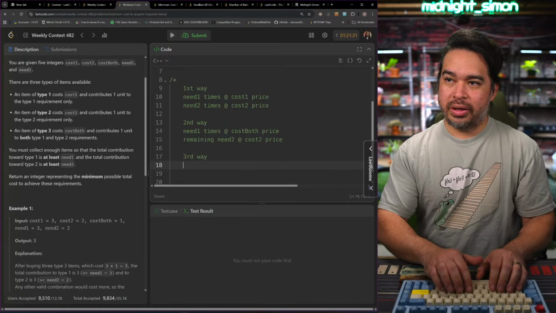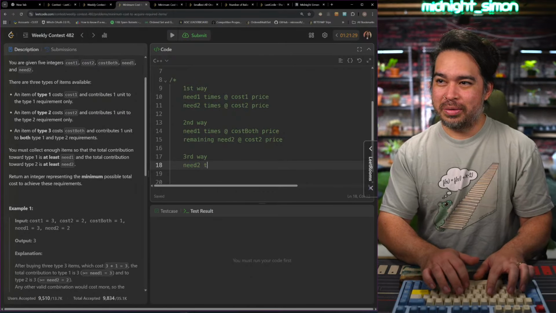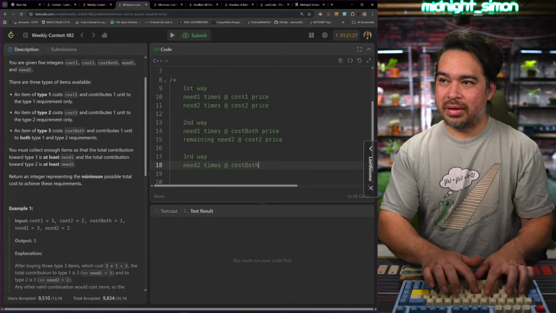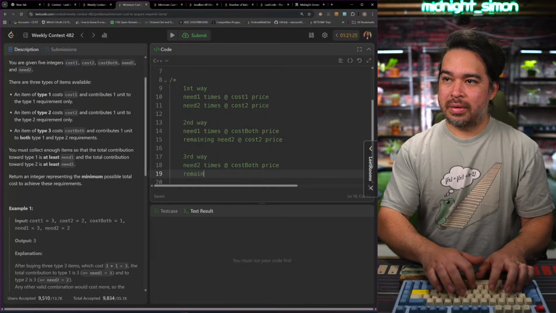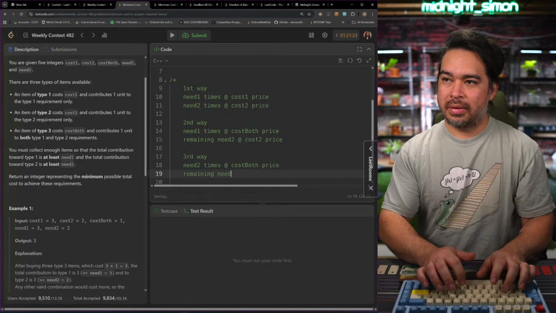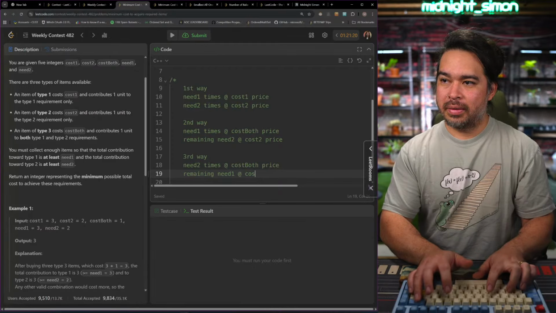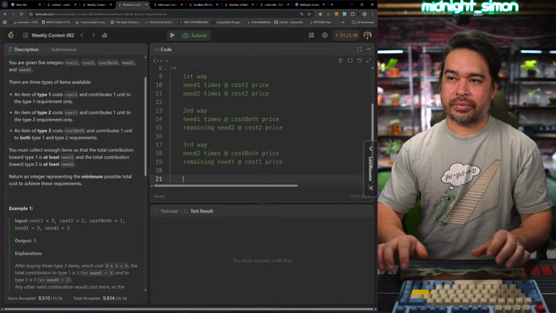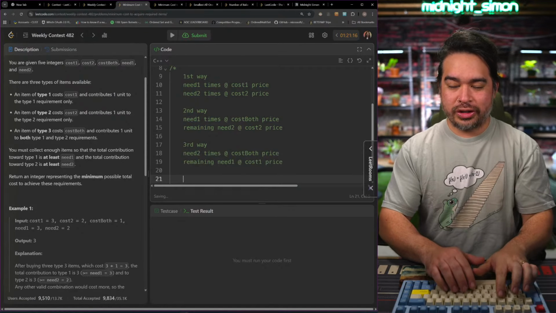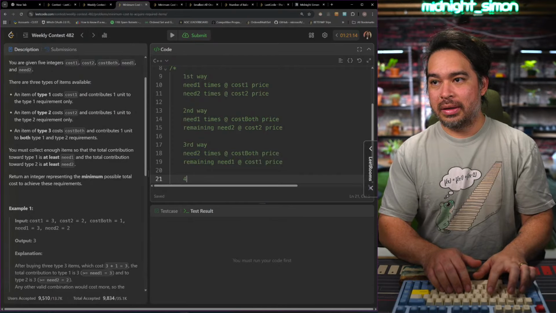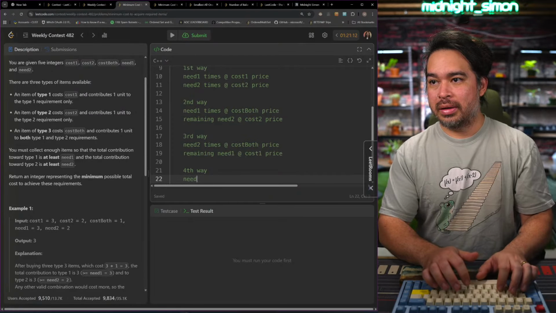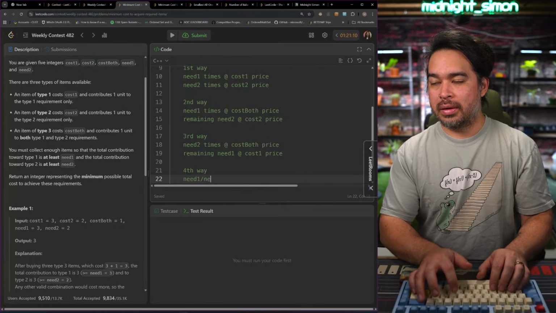Third way would be need 2 times, and then the fourth way would just be the max.